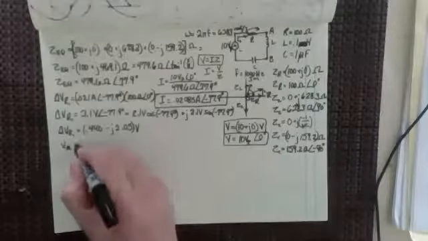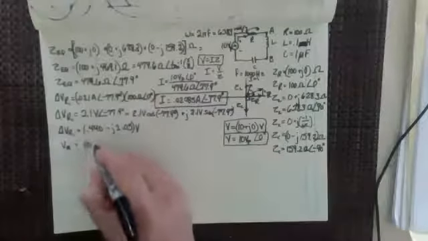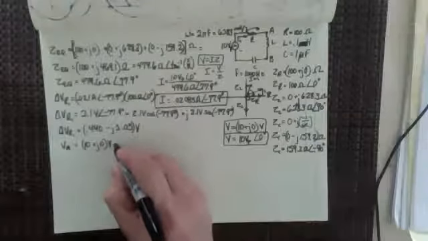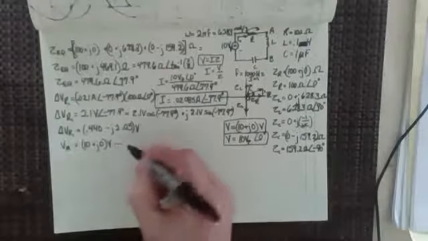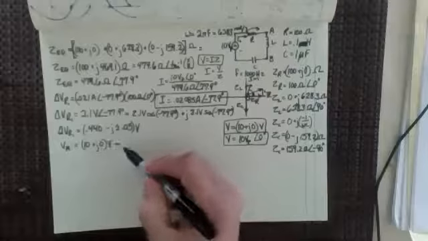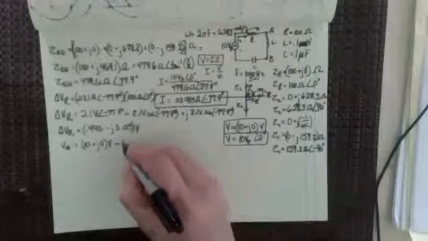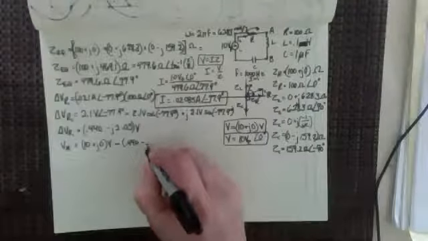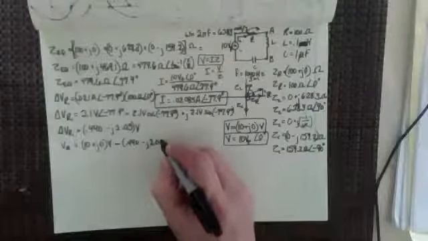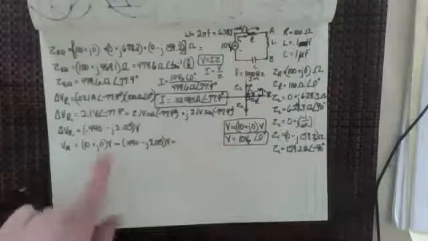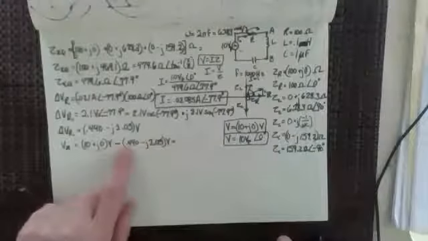So that's what we got. The voltage at A is going to be 10 plus J0 volts, and then minus. Why do I say minus? Well, it's a voltage drop across that resistor, isn't it? So 10 plus J0 volts minus 0.440 and then minus J 2.05 volts. And you're probably saying, of course, that minus is going to extend through there, so the first one is going to be a minus and the second really becomes a plus.